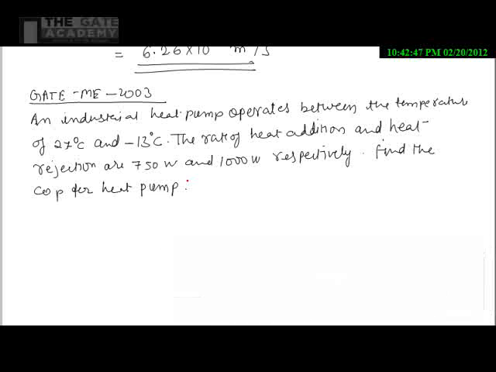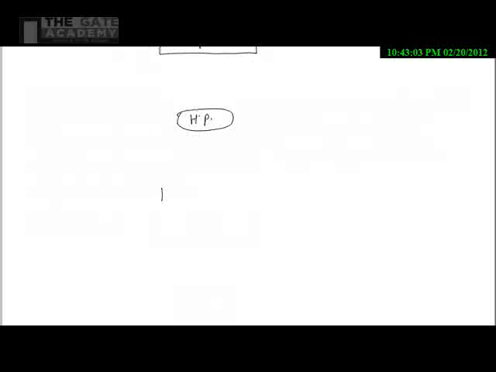Let's solve this problem. I am giving the solution for this problem. I am just drawing the heat pump. Here is T1 Kelvin. This one is the heat pump. This one is the sink at T2 Kelvin.